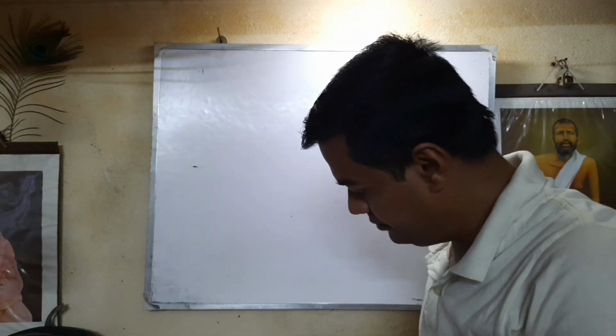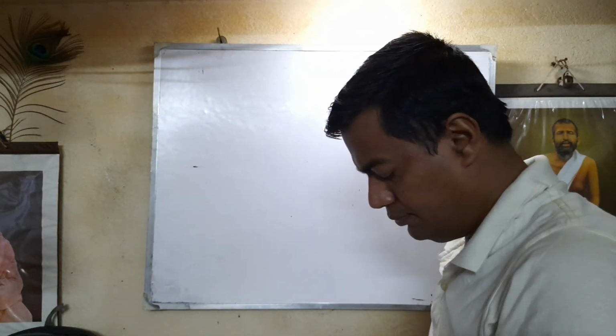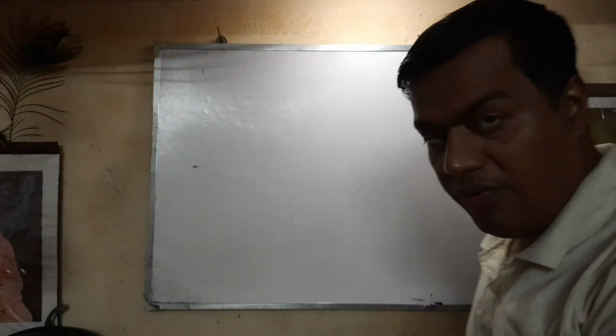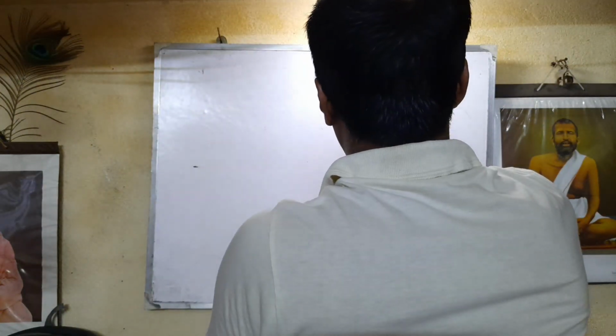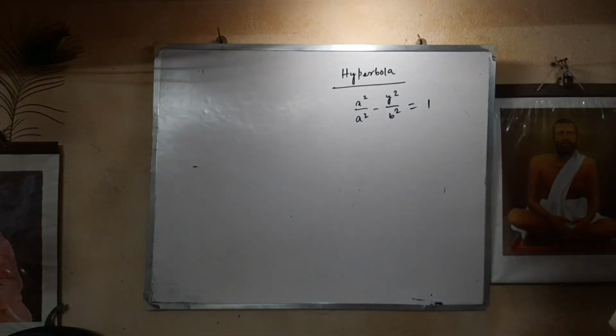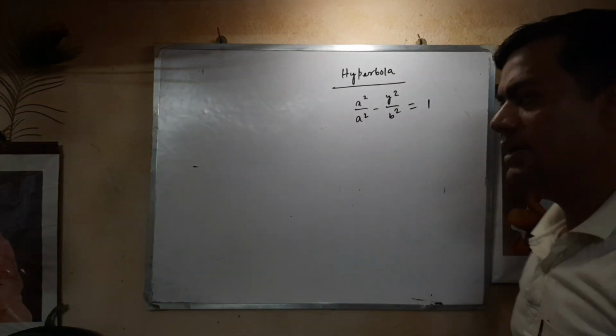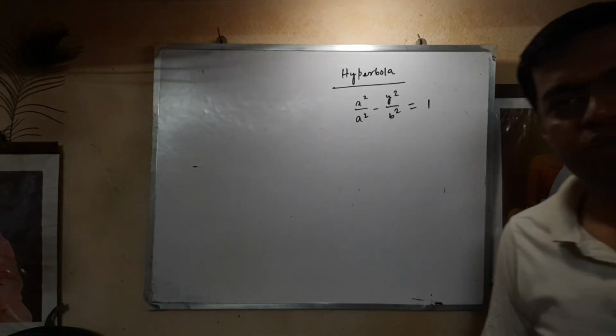The familiar equation of a hyperbola may be written as x square by a square minus y square by b square equal to 1.